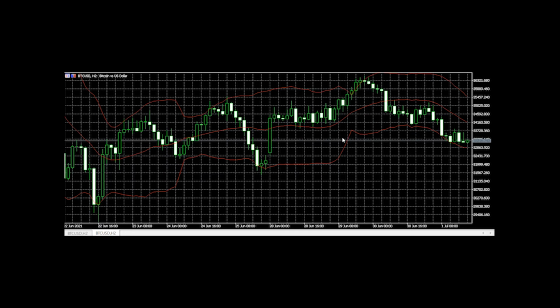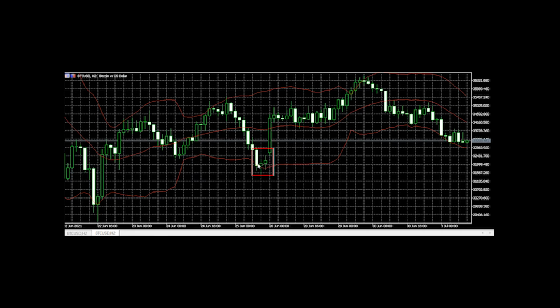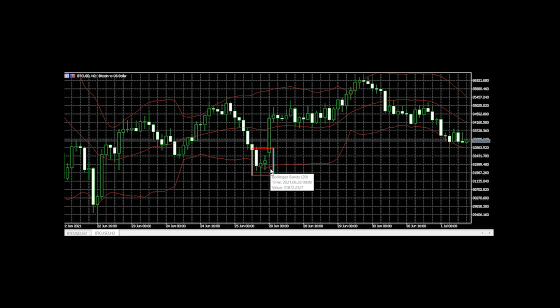So the movement we're looking for, we're looking at candles, and what we're looking for is that at least 3 of these candles fail to breach either the lower or upper Bollinger Band. This is the movement you're looking for.